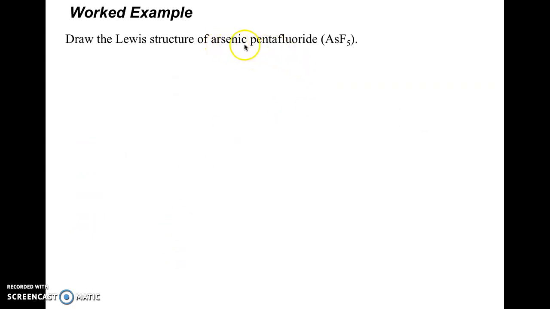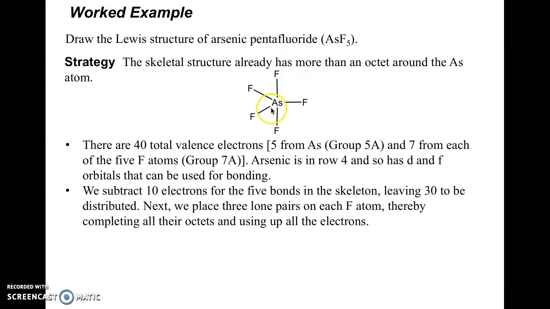Another example is arsenic pentafluoride. So this is an expanded octet. This is how you would have to draw arsenic pentafluoride, putting 5 fluorines around the arsenic. And what you actually have are the 2 fluorines on the left are in the same plane with the fluorine on the right, and then the other 2 fluorines are above and below that plane.